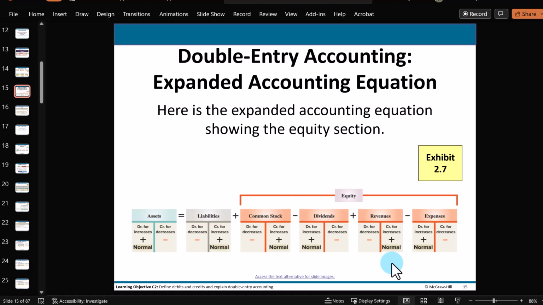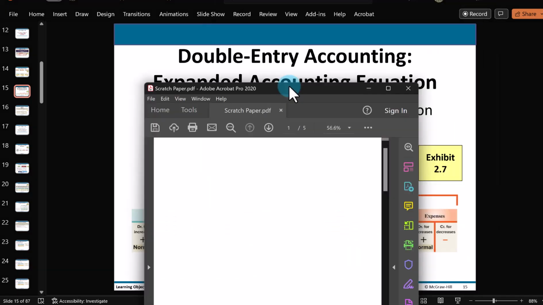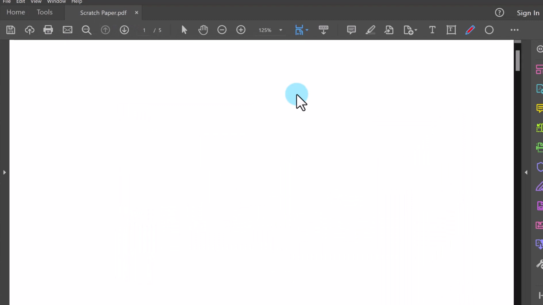I want you to get a simpler rule than maybe looking at this illustration here. So let me rewrite this again, hopefully in a simpler rule. Here's that accounting equation again, the same one. Assets are equal to liabilities plus the equity.